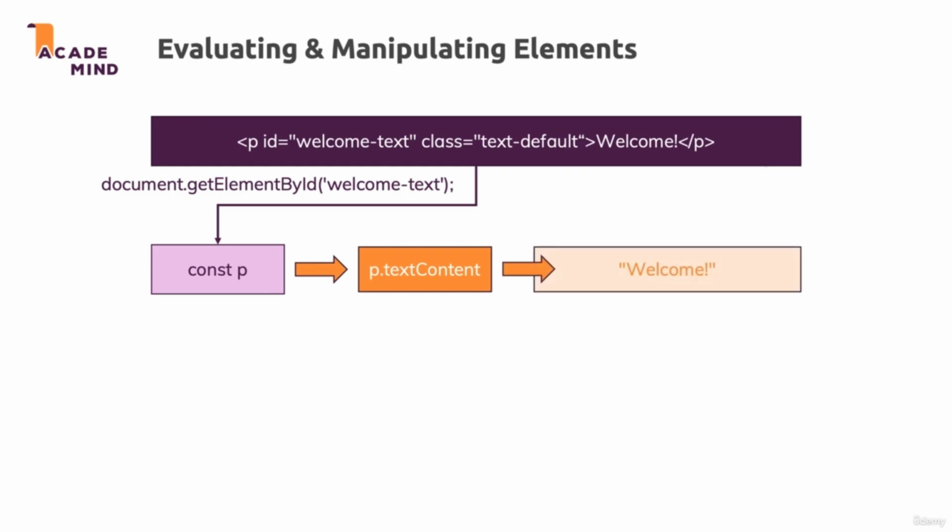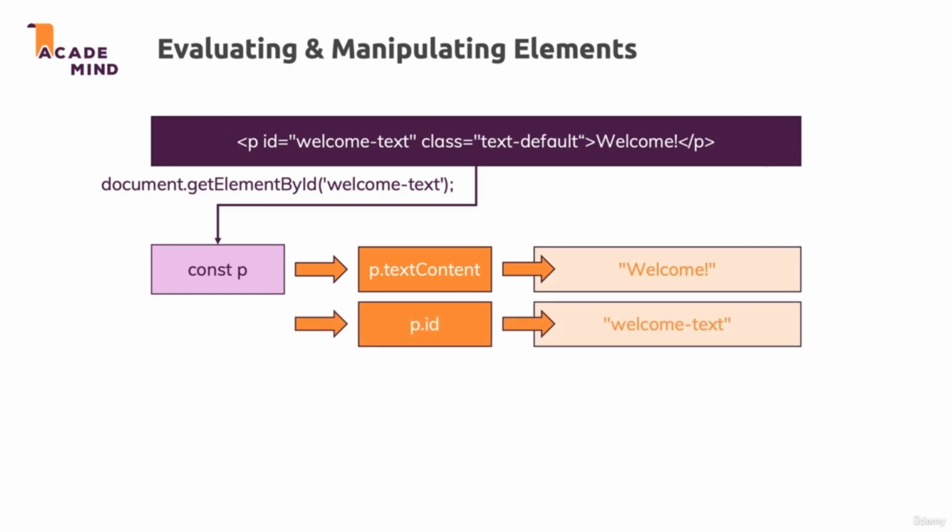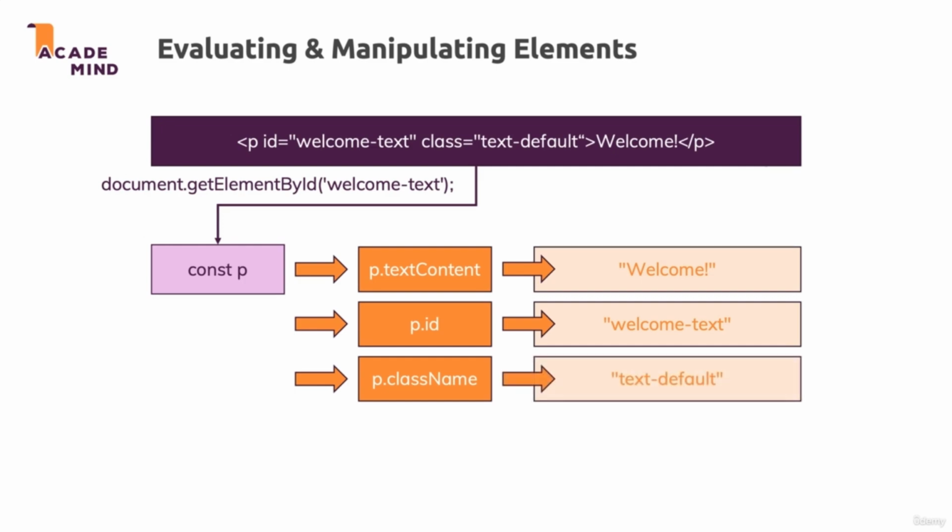And we do this with the textContent property, which this exposes. We can also read the ID by accessing p.id and get the ID as a string that's stored in there. Or the same for the CSS classes with the className property. So important, not .class, but className, to get access to the CSS classes that are assigned as a text here on the element.